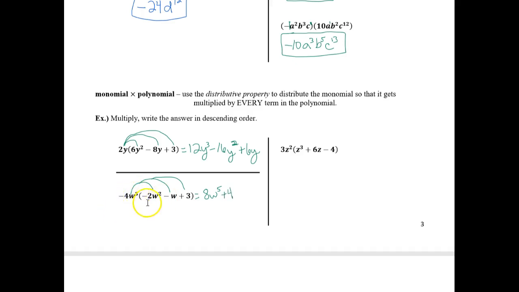Then the w cubed times w, so this is w to the first power, will be w to the 4th. And then lastly, negative 4w cubed times 3. Negative 4 times 3 is negative 12. I still have that w cubed. Go ahead and try the one on the right.